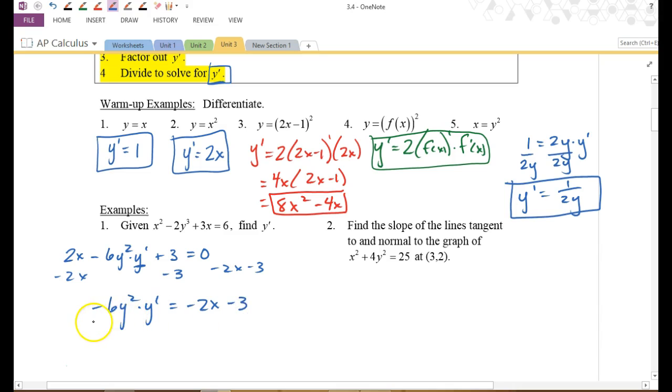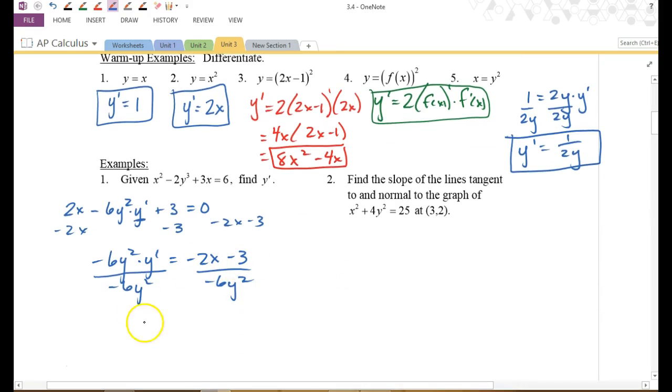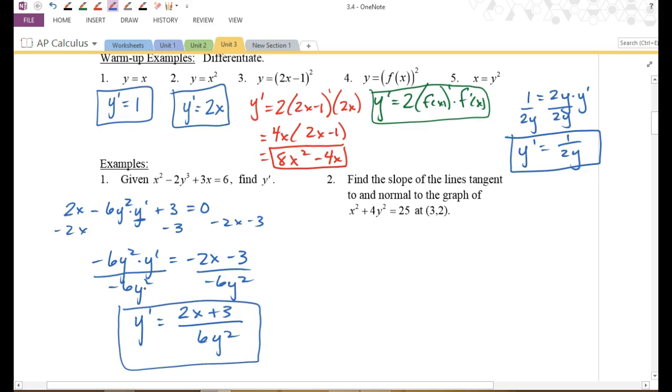Then I have to get rid of the negative 6y squared, so I divide by that. I notice that everything is negative, so I divide everything by negative 1 and everything turns positive. I get 2x plus 3 divided by 6y squared. Now that is the derivative, and it is set equal to the y derivative.